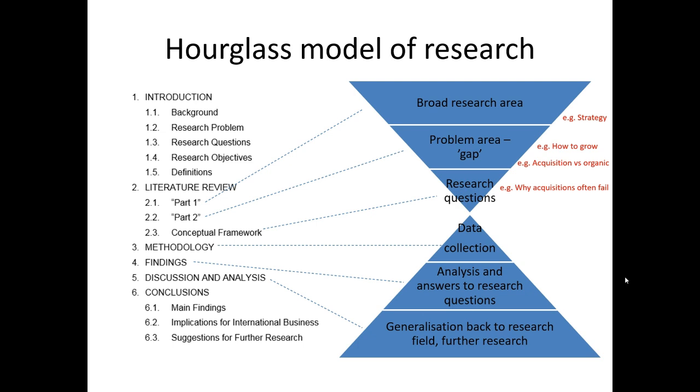Section 3 explains the methods of analysis, data collection, and data. For example, whether quantitative or qualitative methods are used, how you operationalize different concepts, what variables you use, and how you measure these.